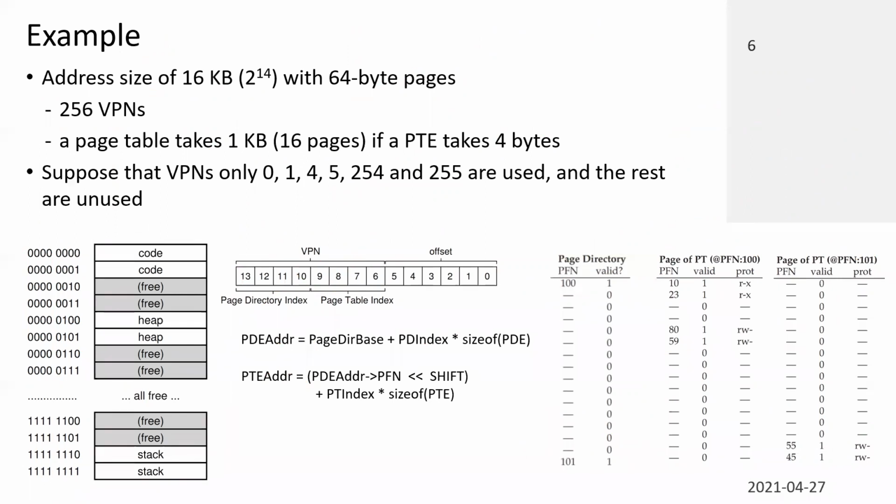Since we have a 2-level page table, when we refer to the page table, we need at least 2 memory accesses. One of the benefits of using an array-style page table is that we can directly find the page table entry. Right? However, since the page table is now structured as a tree, we need to go down from the top to the leaf. So it involves more memory accesses for referring to the page table.